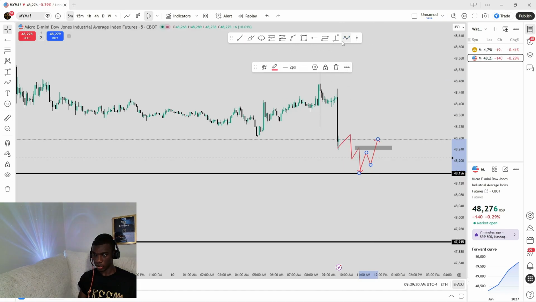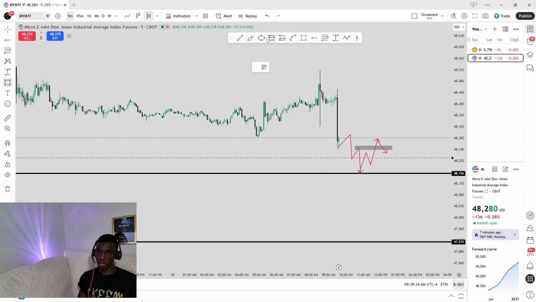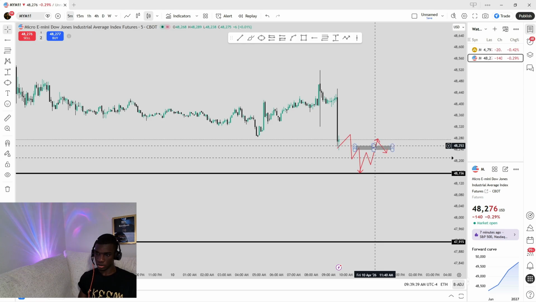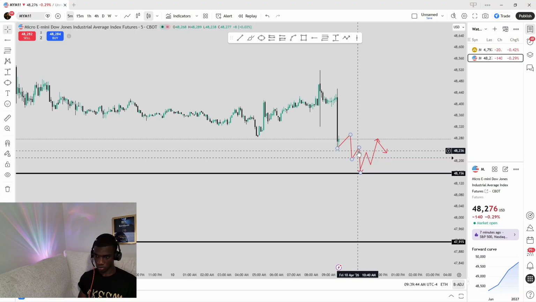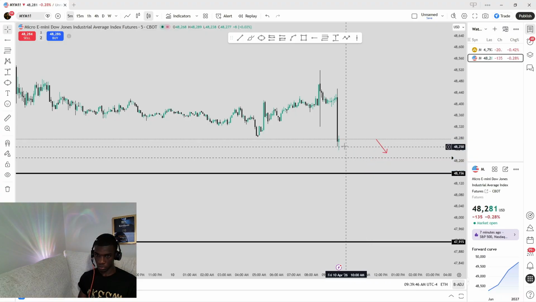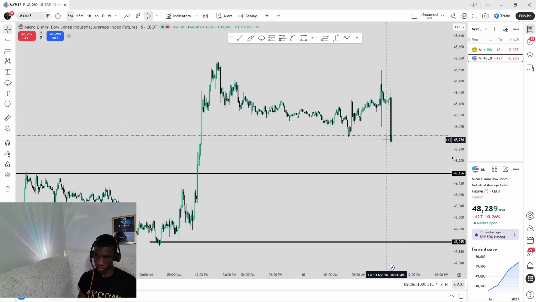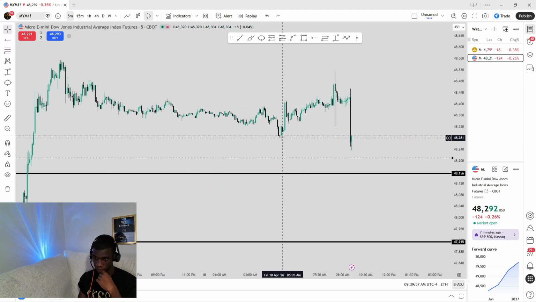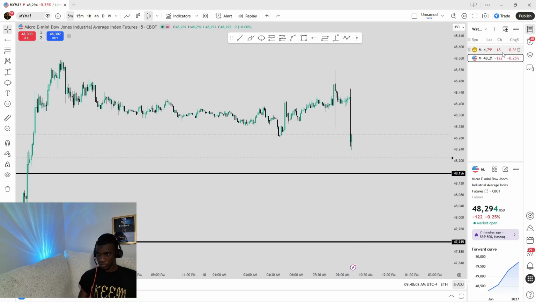Then I would go for a buy in this little region here, right? And the market is currently reacting to this wick. I'm not really focused on the 5 minute though, but the current market is focusing on this wick, right? So let's see if it actually creates that structure there.